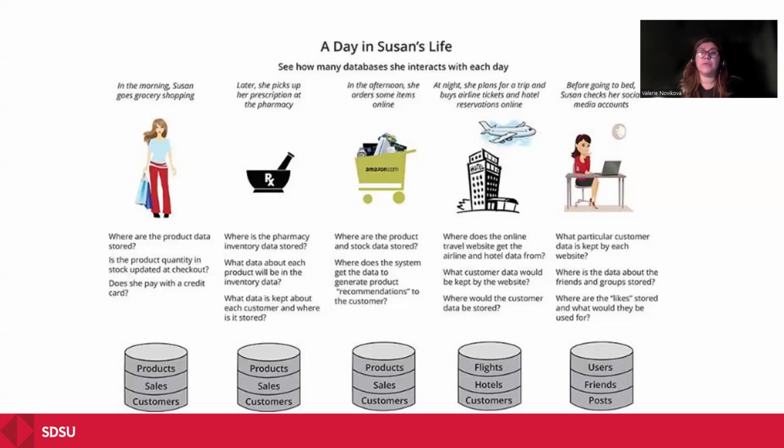Later on, Susan goes and picks up her prescription from the pharmacy, and the same situation happens here. As she picks up the prescription, the pharmacist does her checkout, and during the checkout, the system interacts with inventory data.